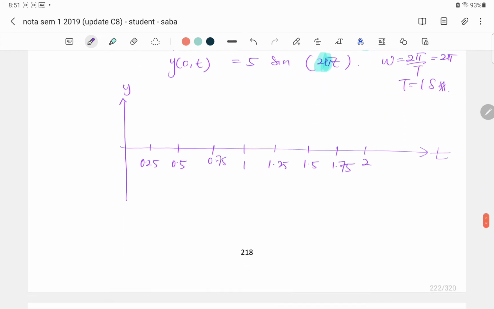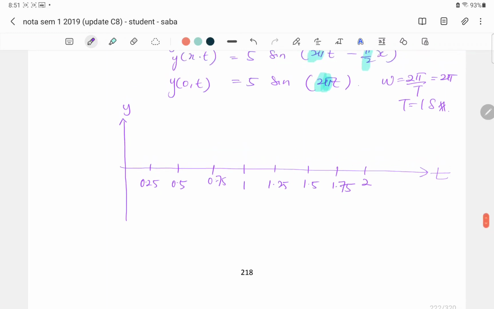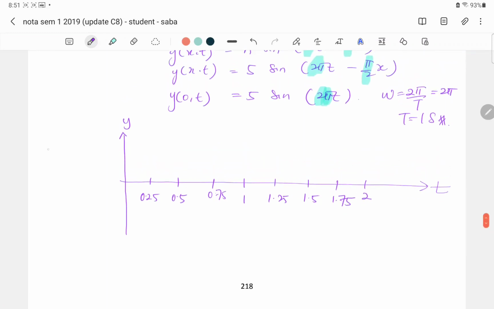Okay, so do your table. Okay, the table here, just a small table I plot for you. You can have your t and your y. So this one is 0, 0.25. Tak perlu buat banyak pun tak apa, sebab kita dah dapat pattern nanti.